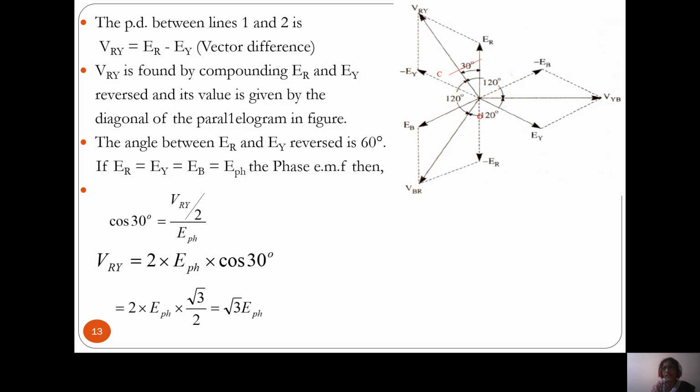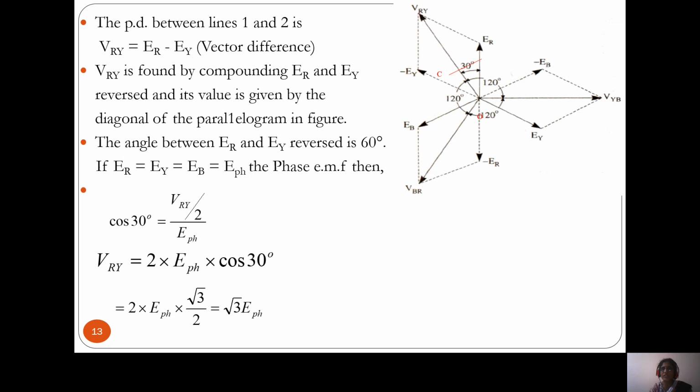So these will be represented at 120 degrees. VRY, VYB and VBR must have a 120 degrees phase difference.